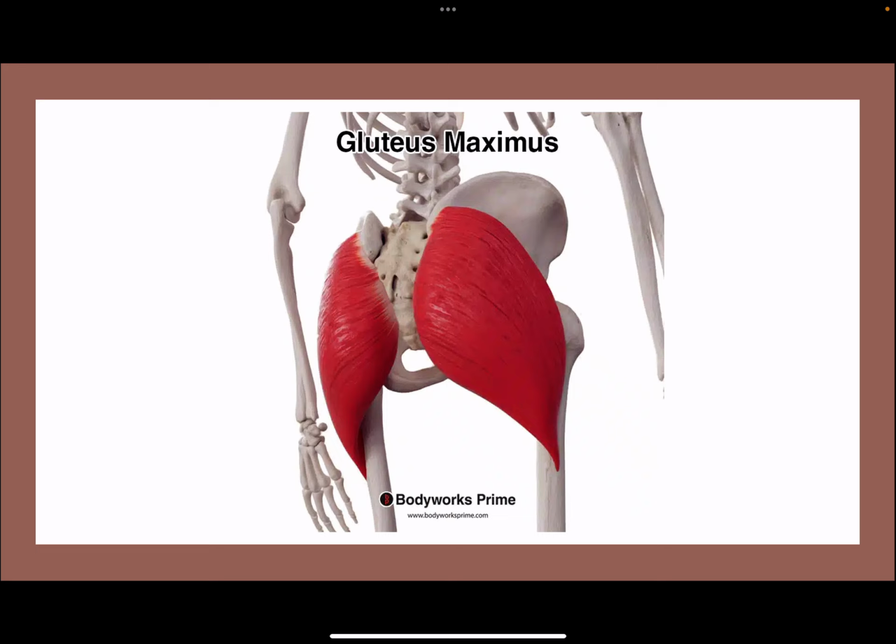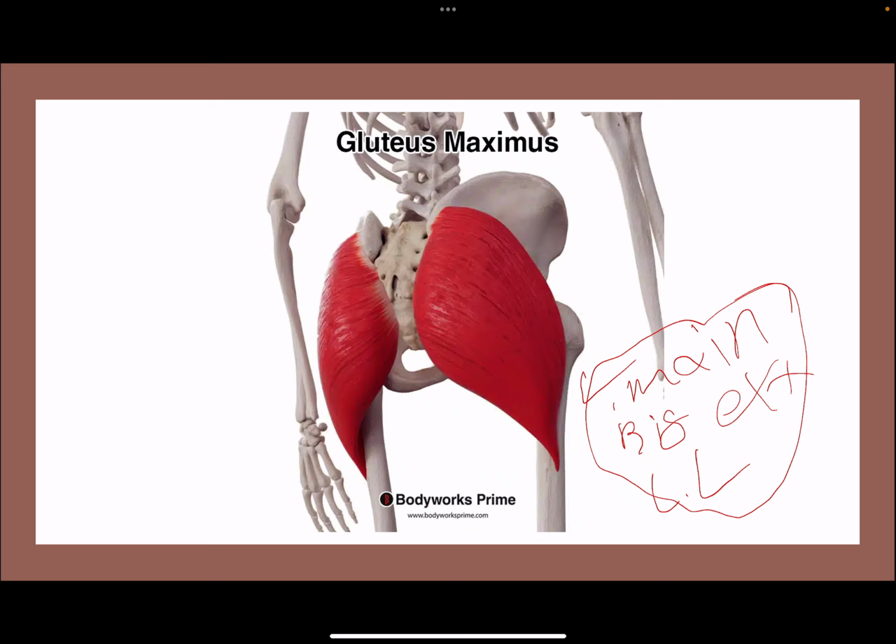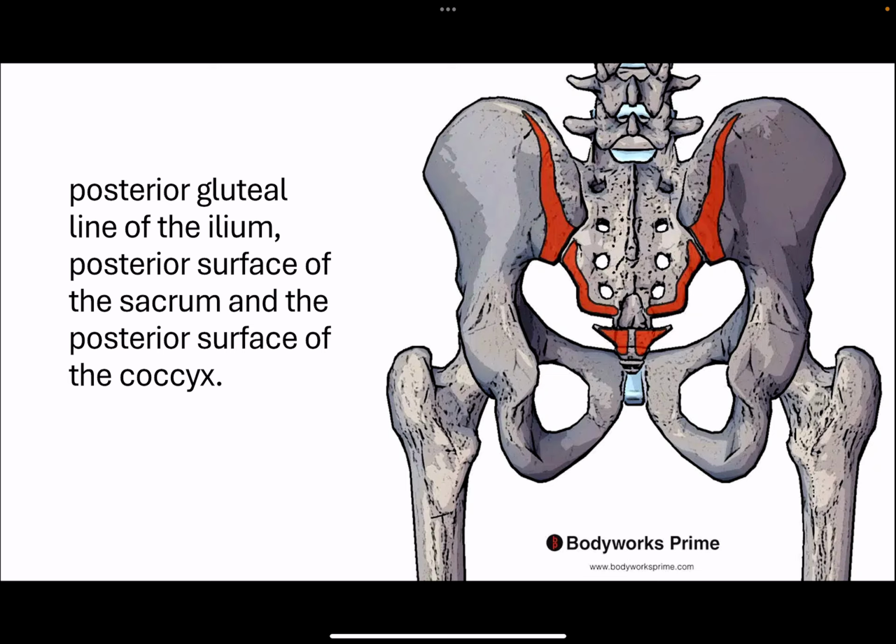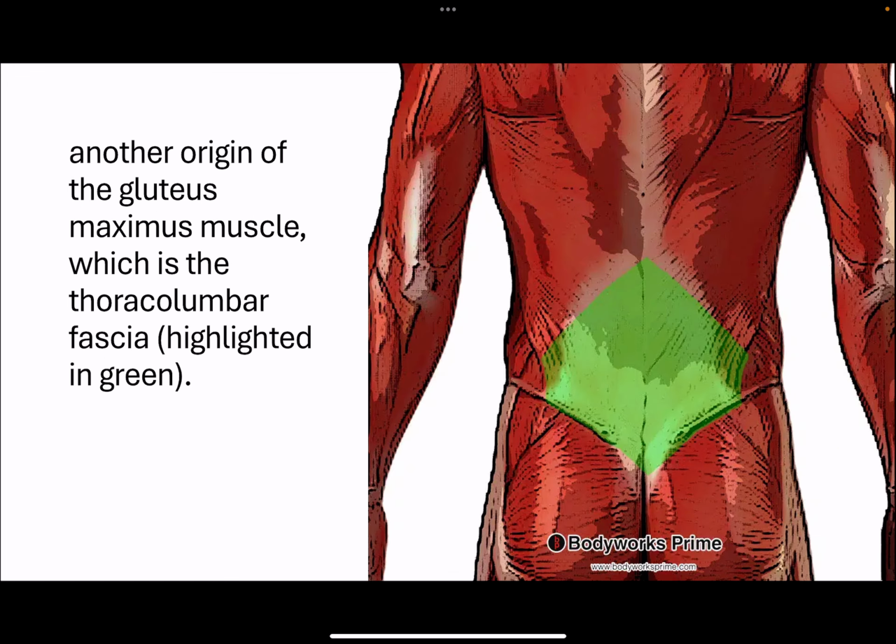Gluteus maximus, huge and big, the main extensor of the lower limb. Its origin is highlighted in red: the posterior gluteal line of the ilium, the posterior surface of the sacrum, and the coccyx.